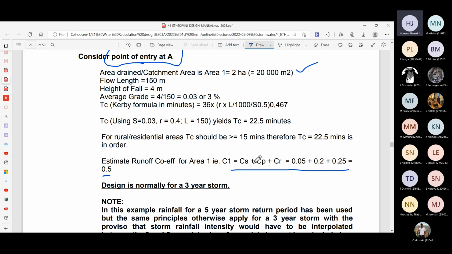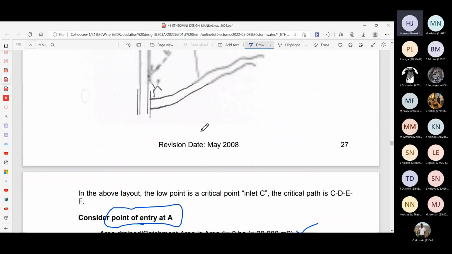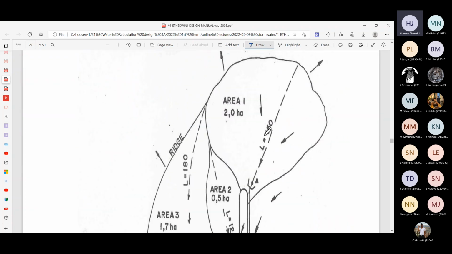Now, for the first one, the catchment slope factor, we need information about that. We can determine what the catchment slope is. We know from the furthest point to the point of consideration A, we have 150 meters, and we need information about what's the fall from that point over there.